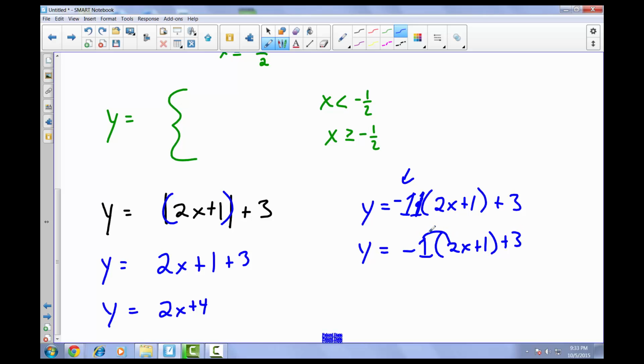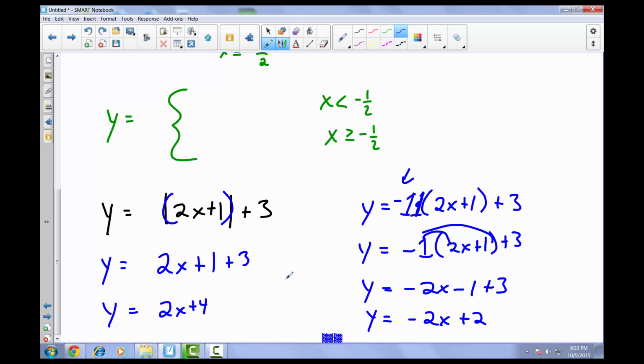Distributing in this negative 1, we would end up with y is equal to negative 2x, minus 1 plus 3, which simplifies to y is equal to negative 2x plus 2. So here are our two parts of our piecewise function.